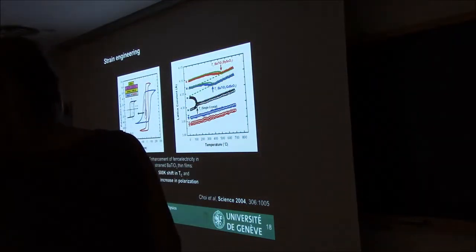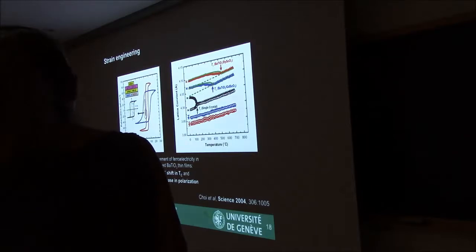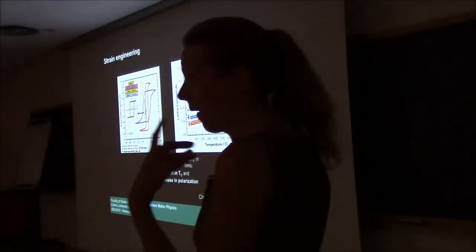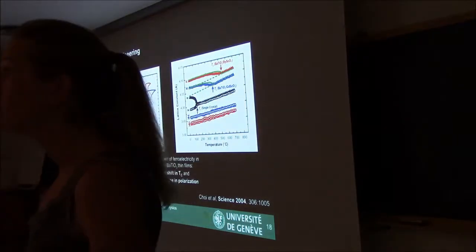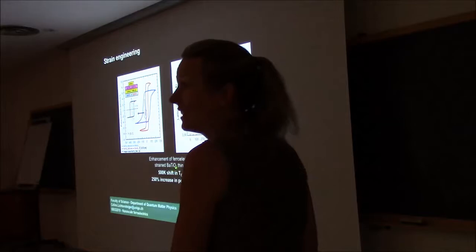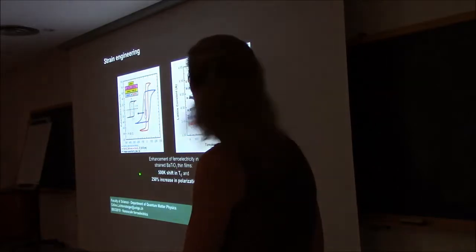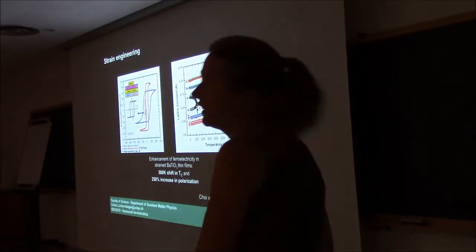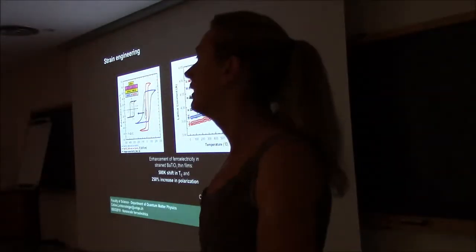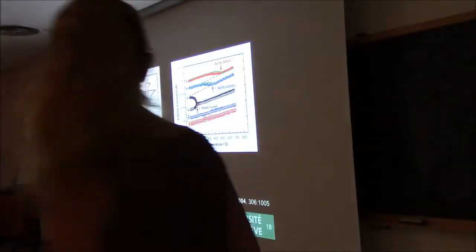And you see also, by measuring here the lattice constant, that the critical temperature happens for different values. So what they have shown here by growing barium titanate on two different kinds of substrates is that you can have a 500 degree shift in TC, so this is huge, and a 250 percent increase in the polarization. So the effect of strain is extremely important.